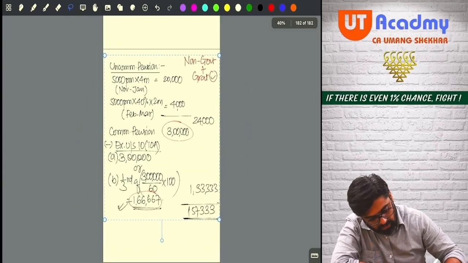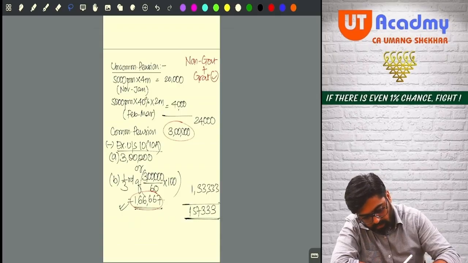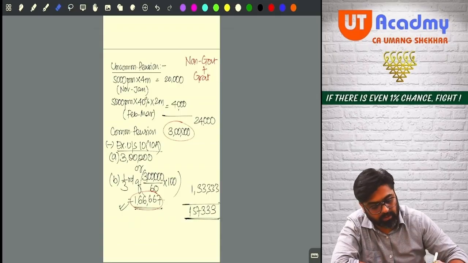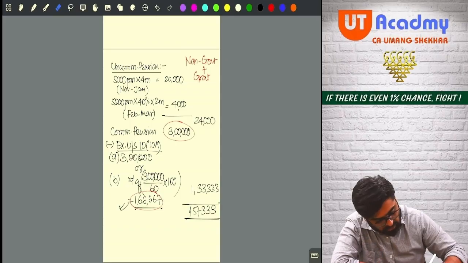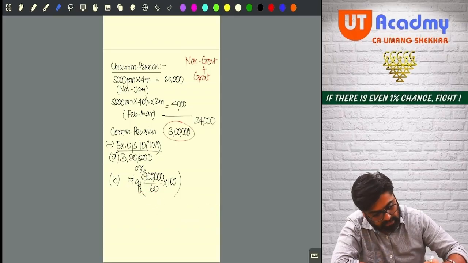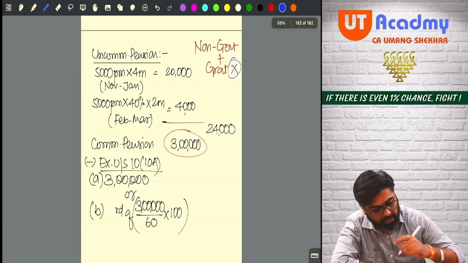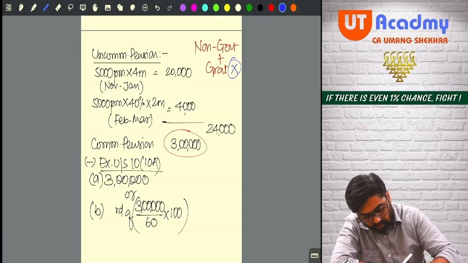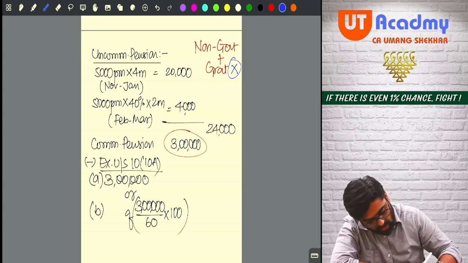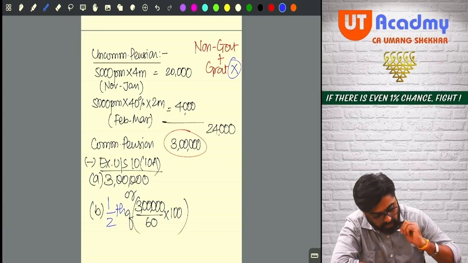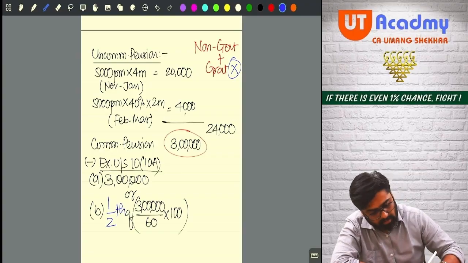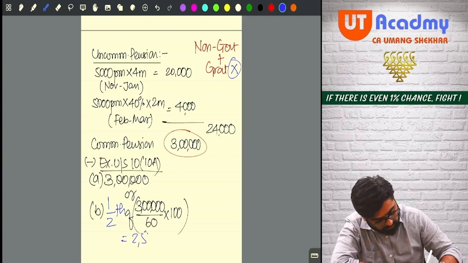Okay. See what changes I will make now. Come on. Now he is not receiving gratuity. So this 1/3 will not be calculated. Only half will be calculated. So this amount will change. Okay, no? Now instead of 1/3, half of the fully commuted pension will be how much? 2,50,000.